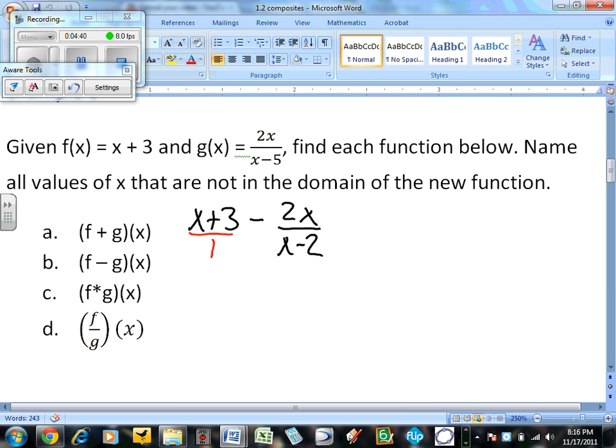This is over 1, so I need to multiply to get a common denominator of x minus 5. Then I can FOIL out and combine like terms. We've done this before: first, outer, inner, last, minus 5x plus 3x minus 15.